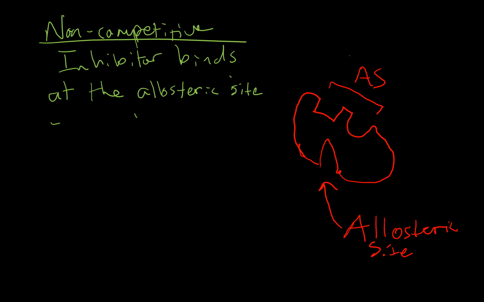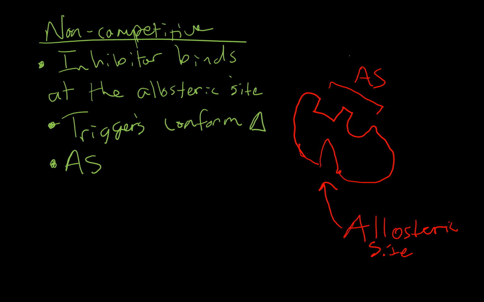Now, after binding to the allosteric site, it causes the active site to undergo a conformational change. So, it triggers a conformational change, and the active site is altered such that it can no longer catalyze the reaction.